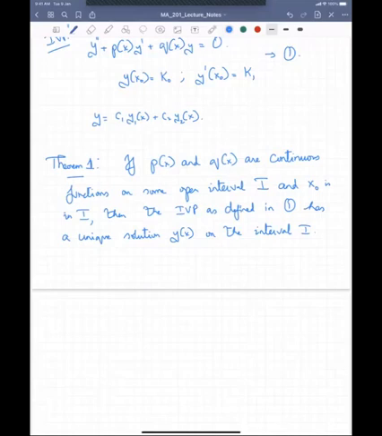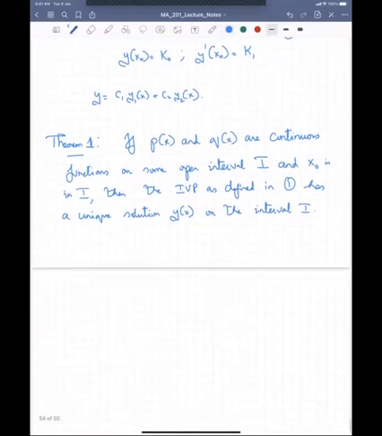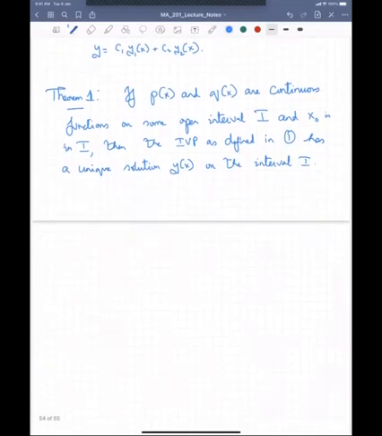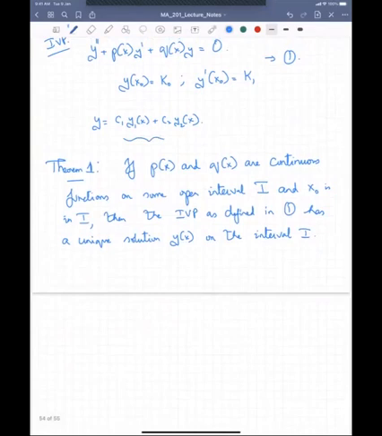But in this case, the continuity of p of x and q of x basically guarantee uniqueness of the solution. Of course, uniqueness of the solution simply means the solution also exists. We'll talk about the general solution as we go along. So I will state it as such and we will first try to understand what this really means. Okay, so this will be the goal of the next half an hour of the lecture. What really is linear independence and what does this mean?